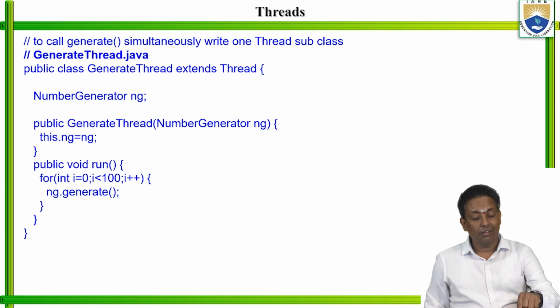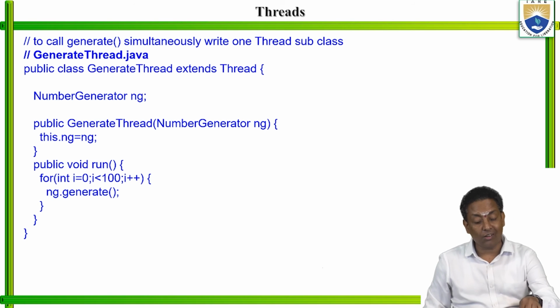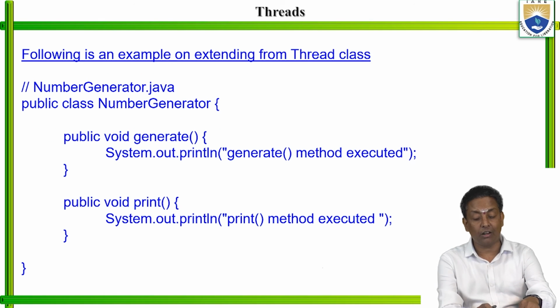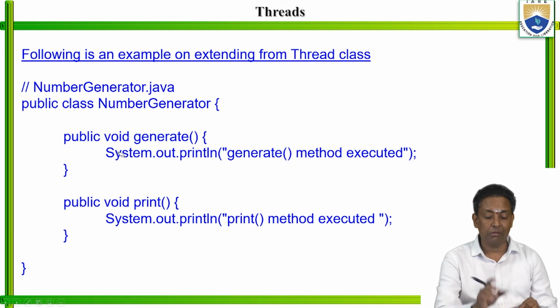Because if you implement the logic inside the run method, can you call that logic with any method name like generate or print? No. But if you write the actual logic in the generate method and print method, you can call them the generate and print methods.